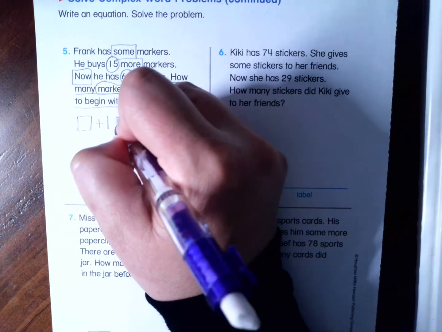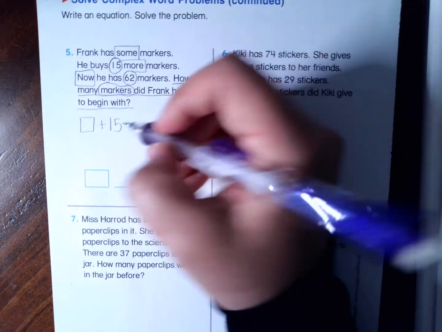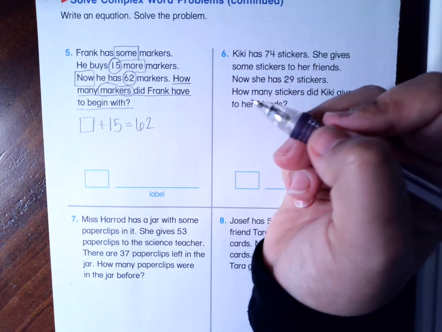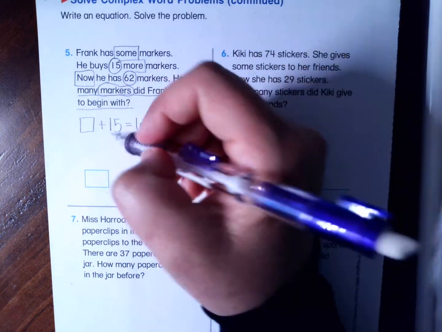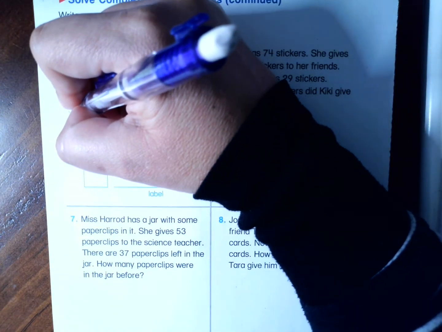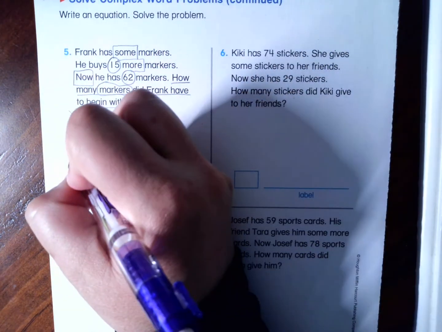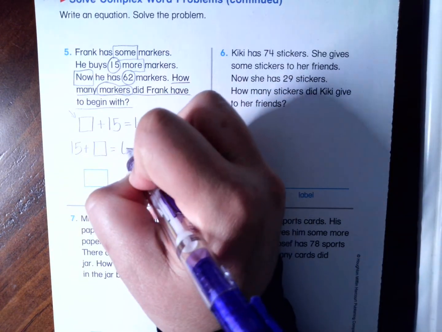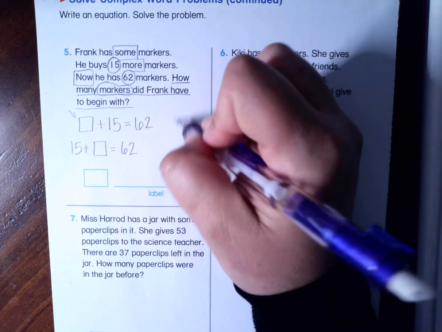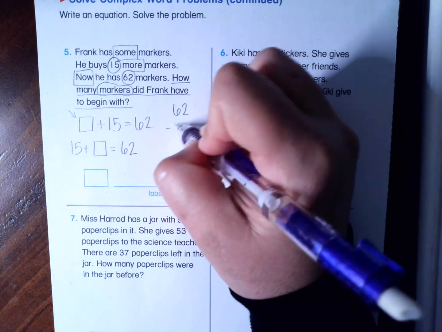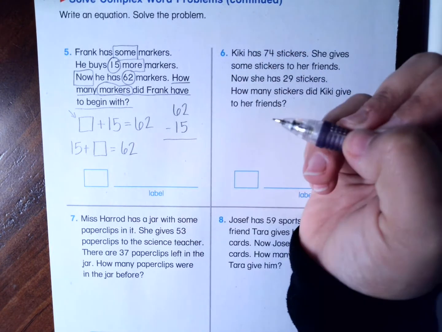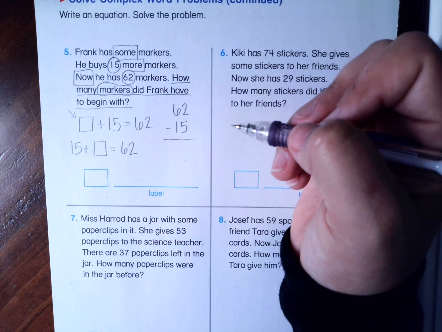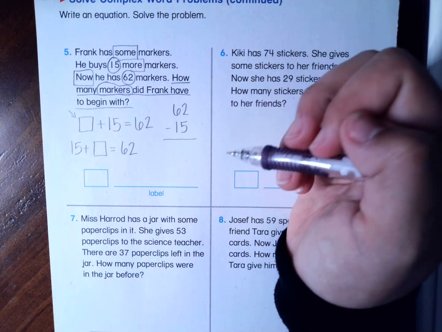He buys 15 more, and now he has a total of 62. So here we're missing a partner. I can flip this around and get ready for the adding up method, or I can do subtraction. So go ahead and pause the video and solve this problem.